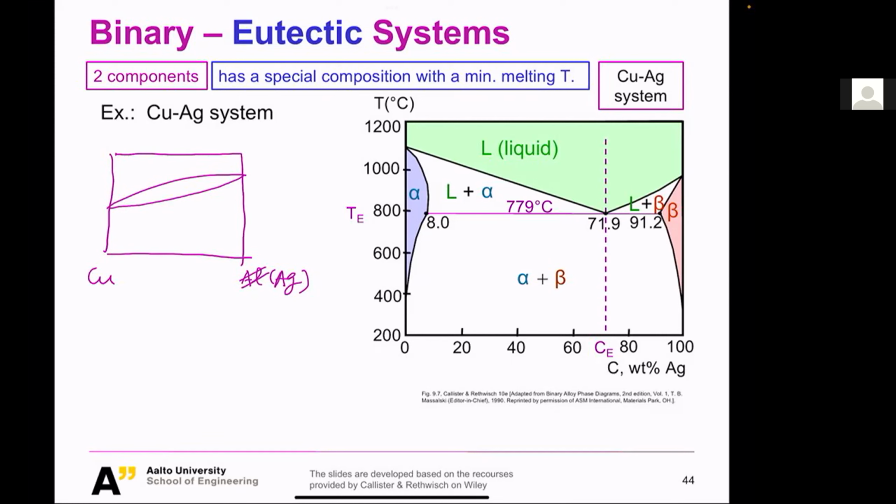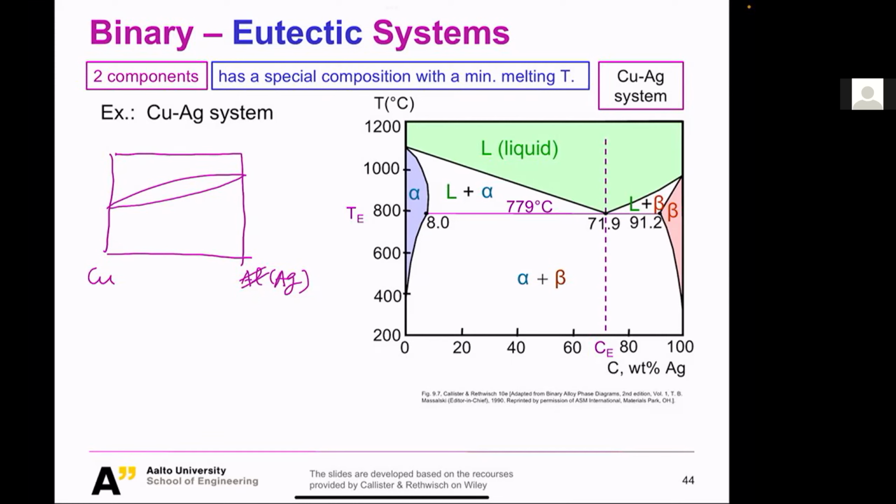Today we're going to go to a little bit more complicated one, because that was really simple for a binary phase diagram. The first more complicated one is the so-called eutectic binary diagram. If you know Greek, you probably understand this name better.